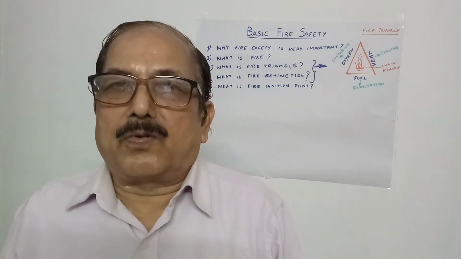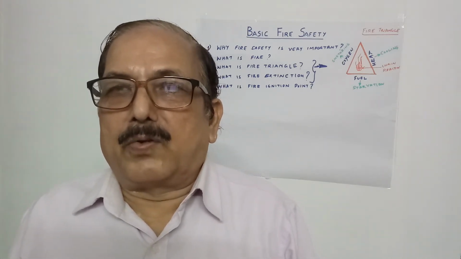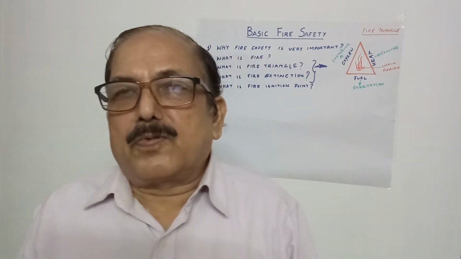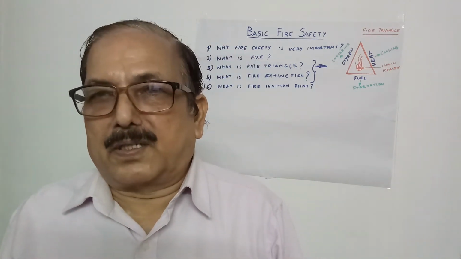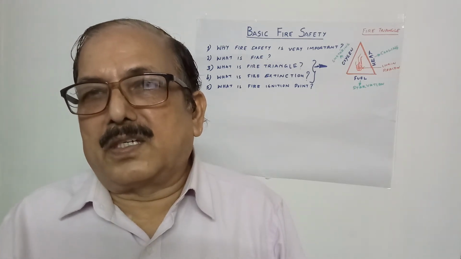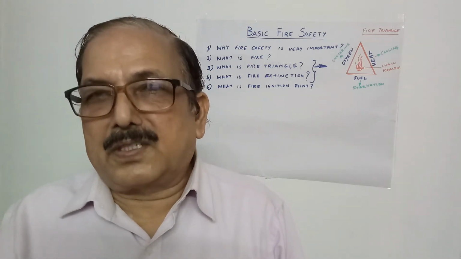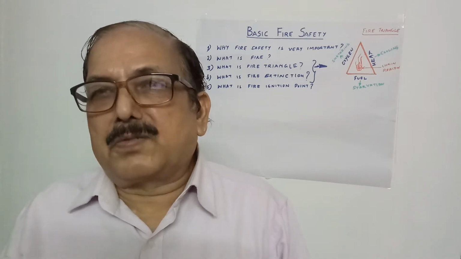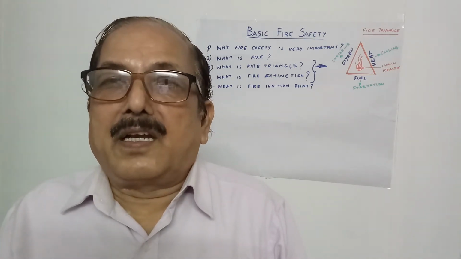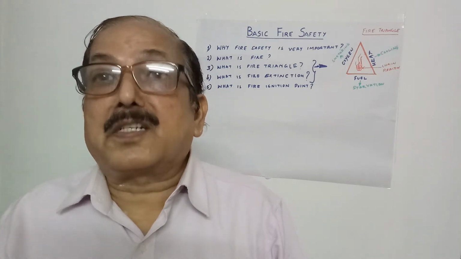Then another point I want to clear up is the flash point. What does flash point mean? Suppose you keep increasing the temperature, and at one particular temperature, if you give an ignition source, a flash will occur, but the fire will not continue. That point is known as the flash point.